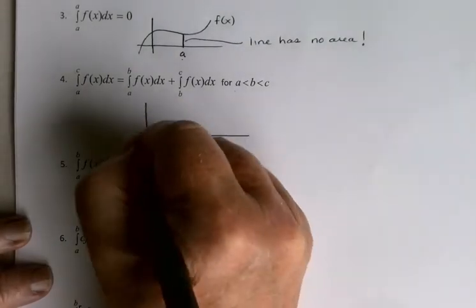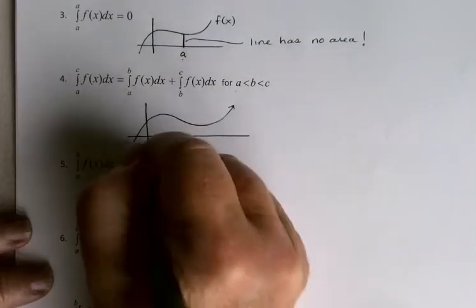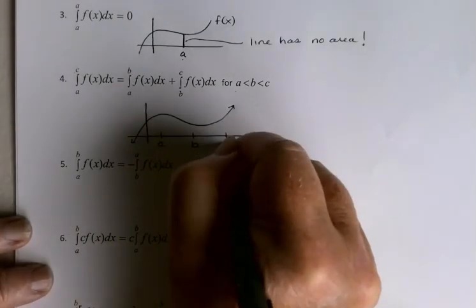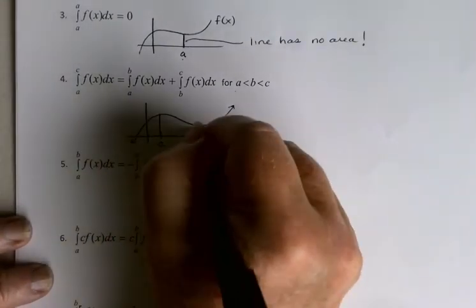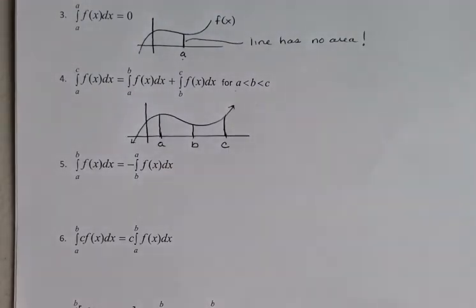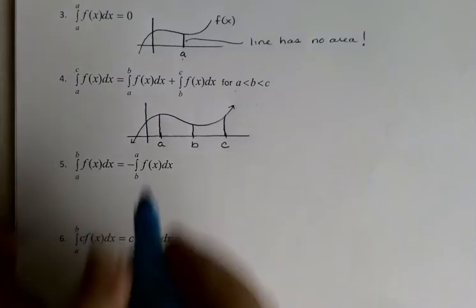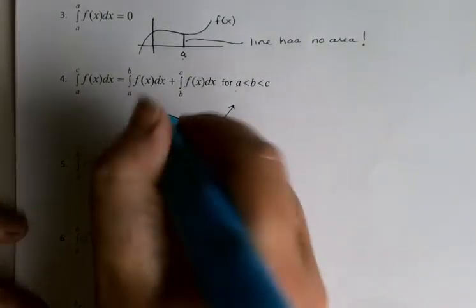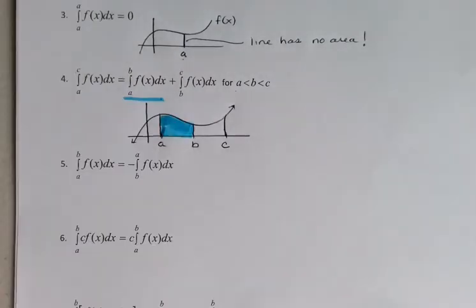Geometrically, if this is a and b and c, then the integral from a to b would be that part of the graph.